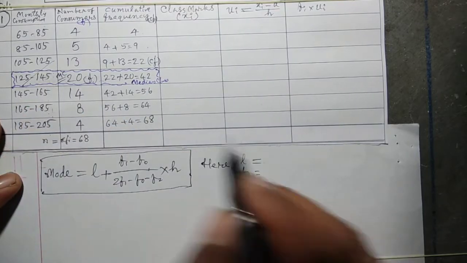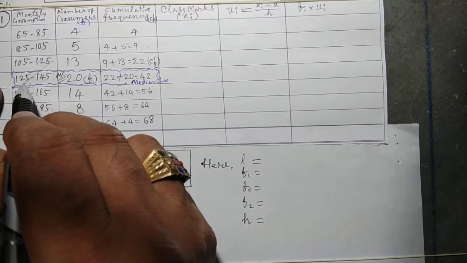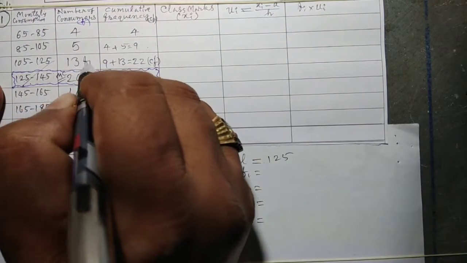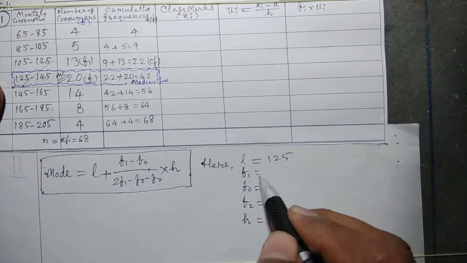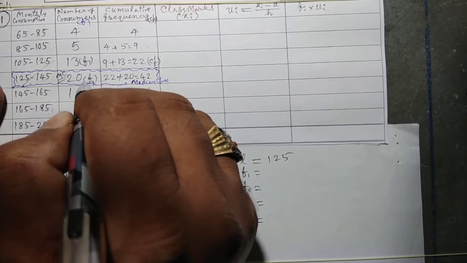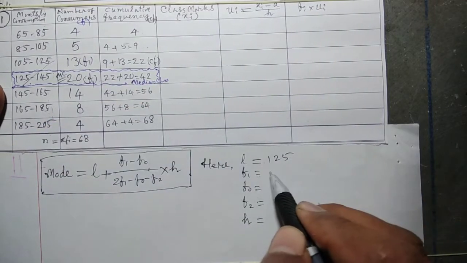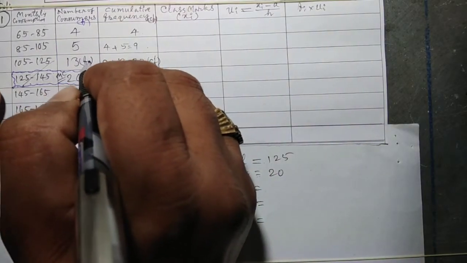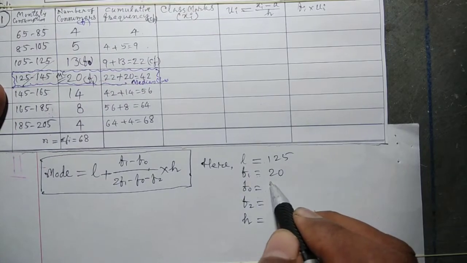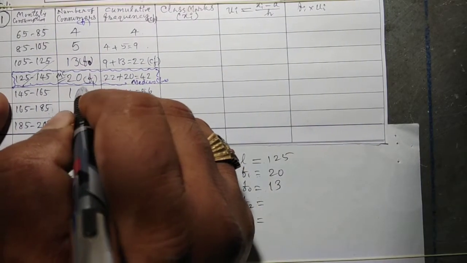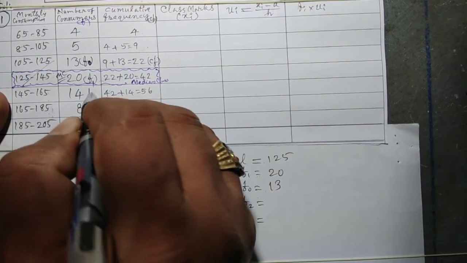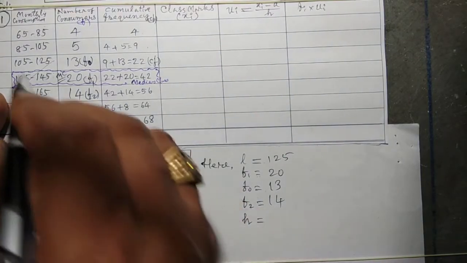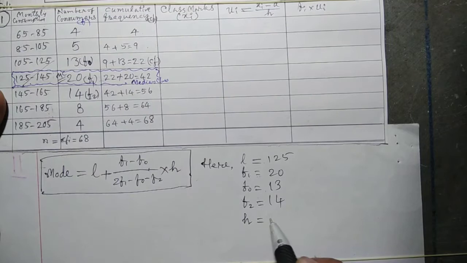So L is the lower boundary of the modal class, 125. F1 is the frequency of the modal class, 20. F0 is the preceding frequency, 13. F2 is the succeeding frequency, 14. Height, the size of the class, 20.